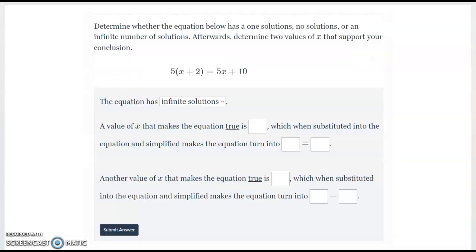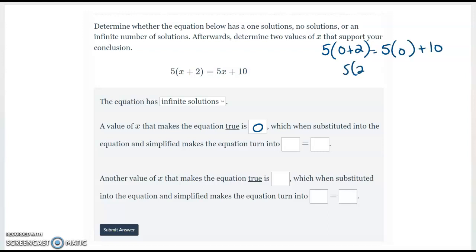Once you choose infinite solutions, it's going to give you some items to substitute in. It says a value of x that makes the equation true is blank. You can choose any number there because remember, this answer has infinite solutions. So let's suppose we make x equal to 0. We're going to replace. Remember, we're writing this on our own paper so that we can get full credit for our assignments.